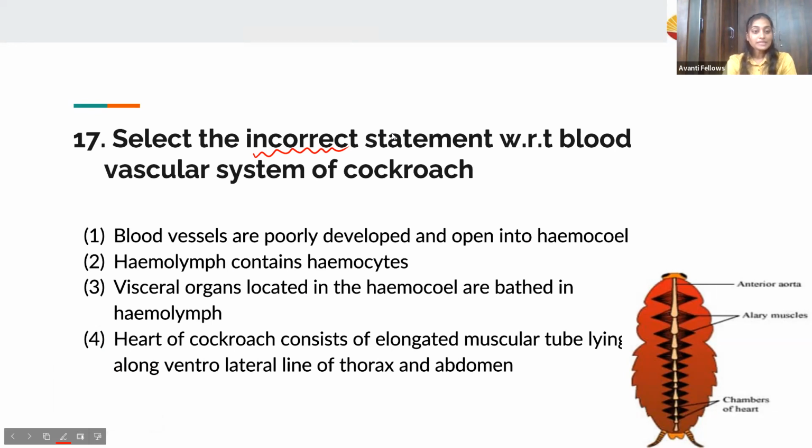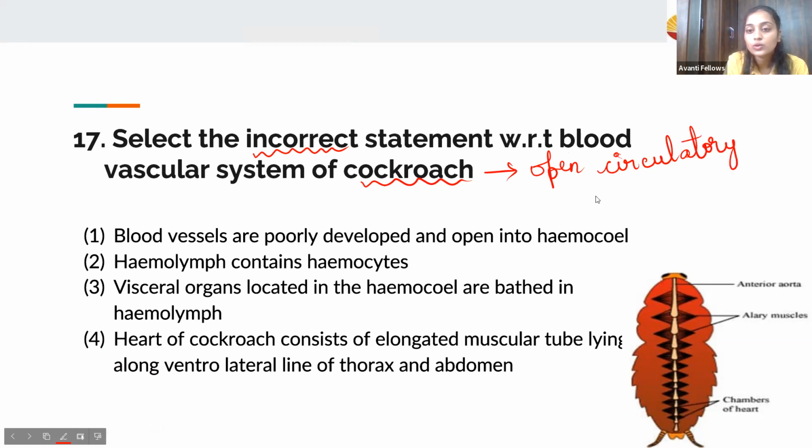The first statement says that blood vessels are poorly developed and are open into the hemocoel. We all know that the cockroach has an open circulatory system.